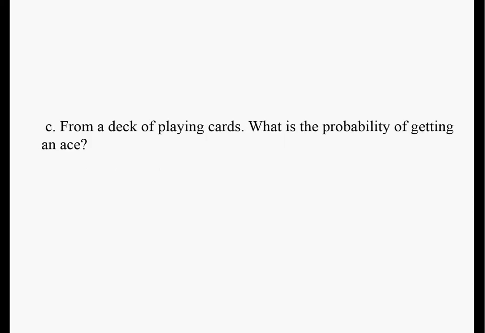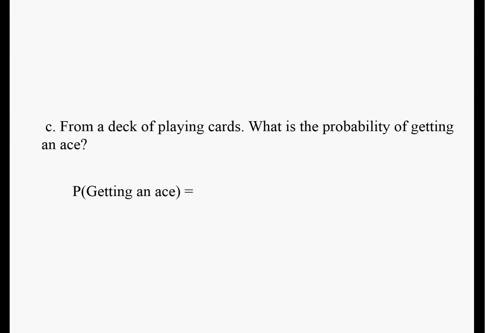C. From a deck of playing cards, what is the probability of getting an ace? First, write down the probability statement. Now, a deck of playing cards has 52 cards, and there are 4 aces in playing cards. So the total number of possible outcomes when you take a card is 52.